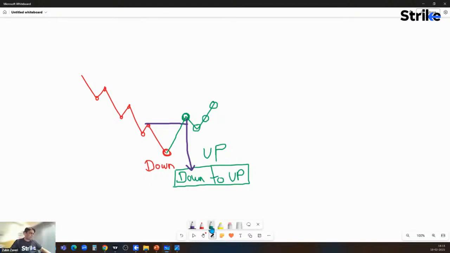Now how will it change the trend? Right now the trend is up. If the previous low is over here, and prices close below this particular line, now the trend will change.